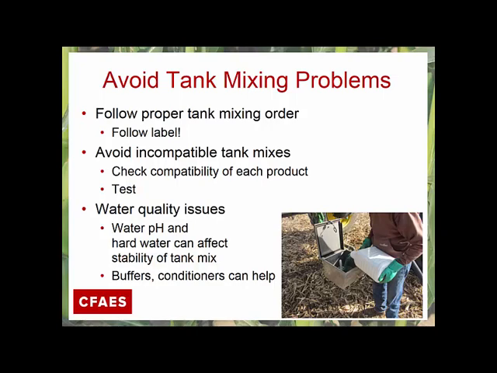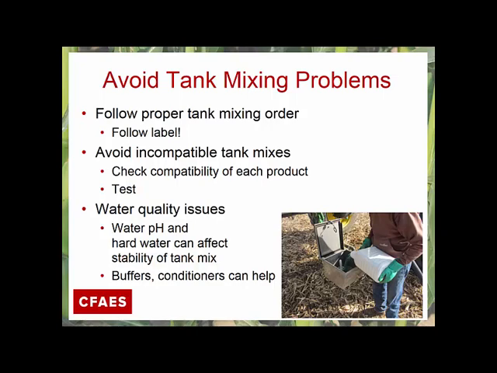Of course, agitating the whole time you do this. But the take-home message is to read the label. If you are working with pesticides of unknown compatibility, always do a compatibility test, and we'll talk about that in the next slide.